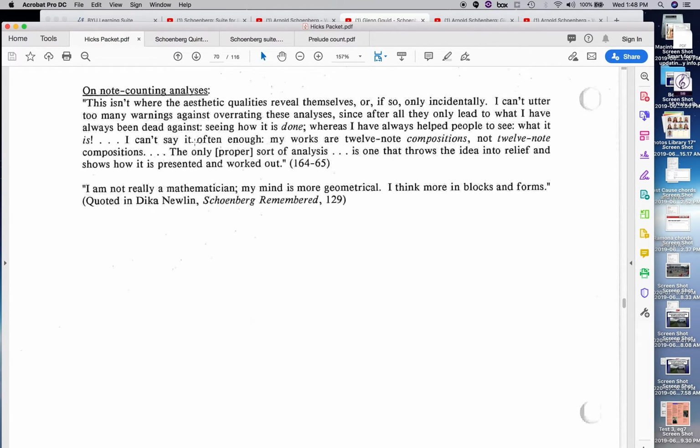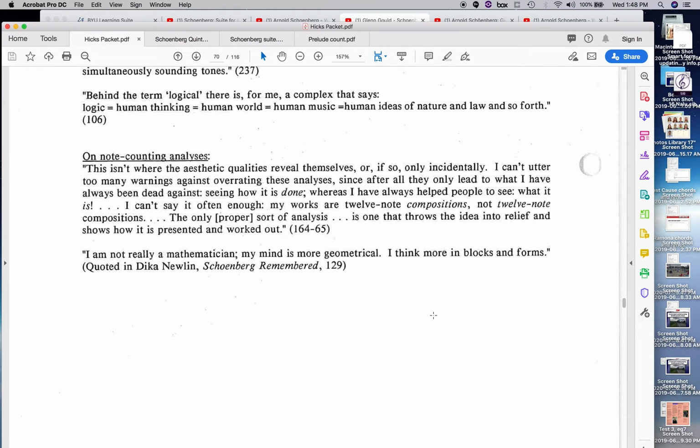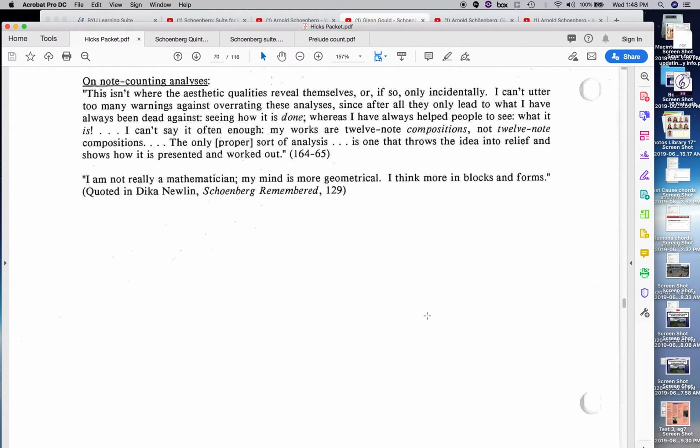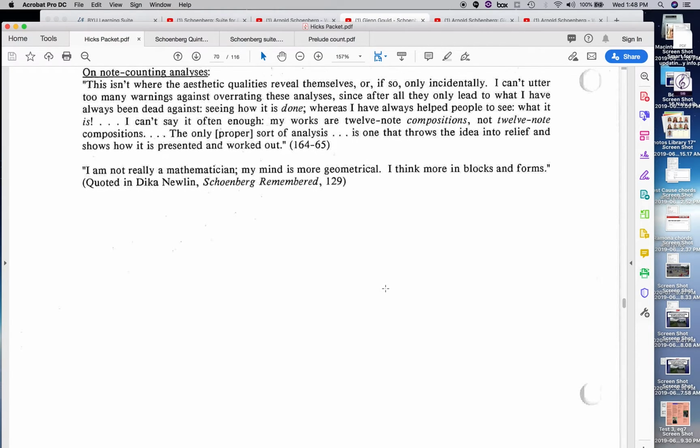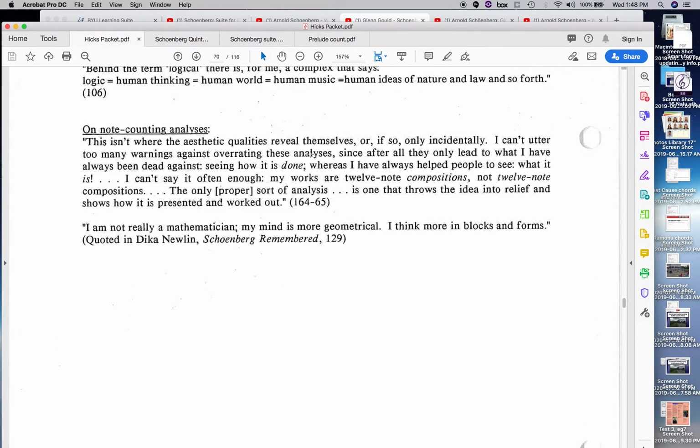He wrote pieces in sonata form and in all the major forms of the Austro-German tonal tradition. And this is again very different from Webern and even Berg, to be honest. So he's trying to say, look, the 12-tone series is not a theme. It's like a method.